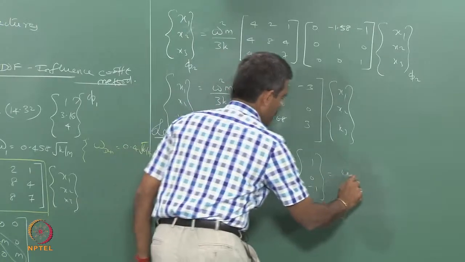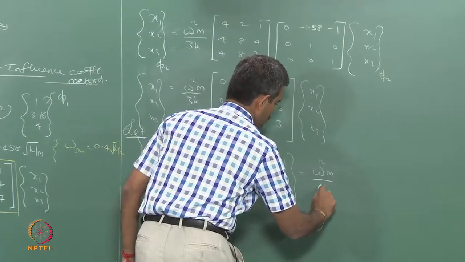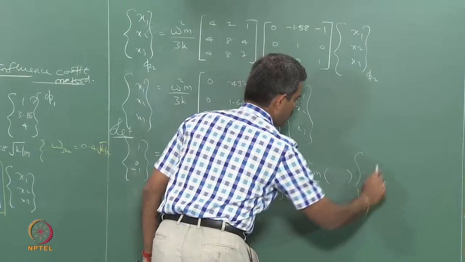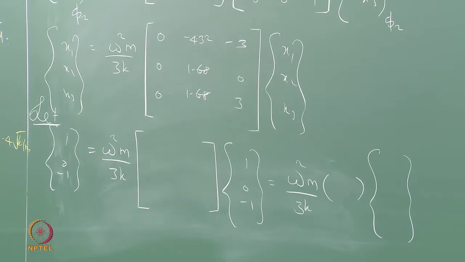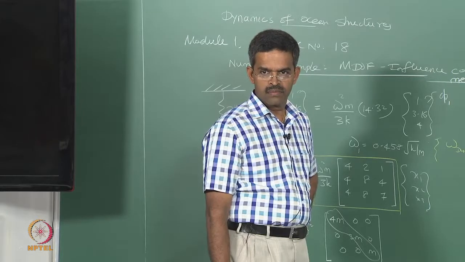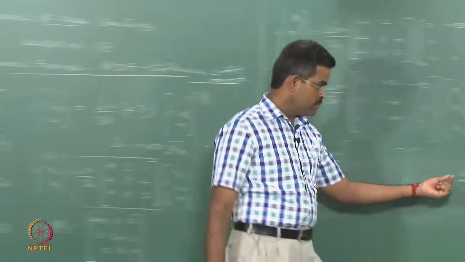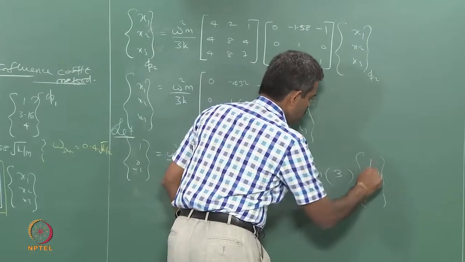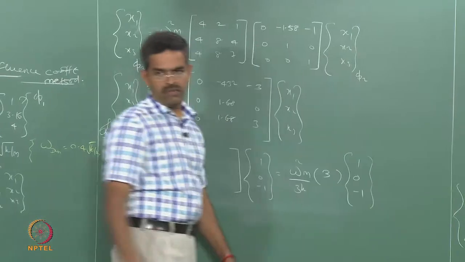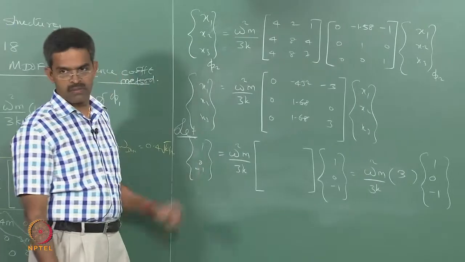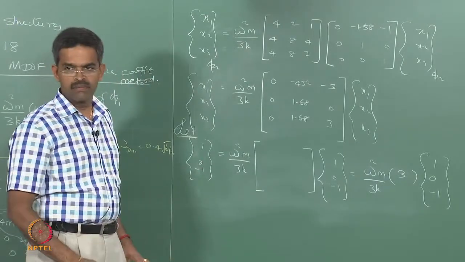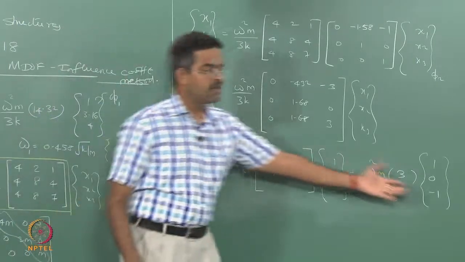Let us see what I get. I get some multiplier of a vector. Tell me what vector we are getting. You are getting back the same vector, fortunately, for this assumed vector. Okay. So, it is converging because the assumed one and the derived one are the same.